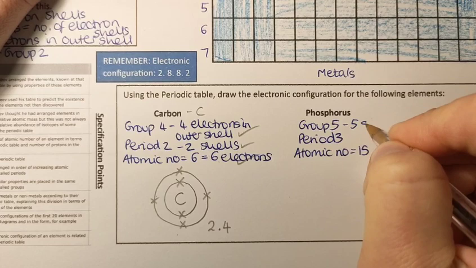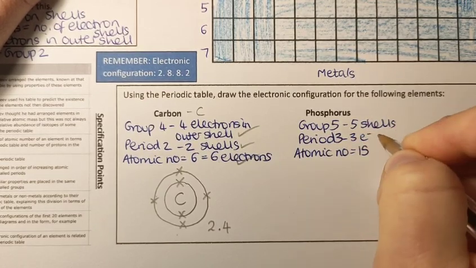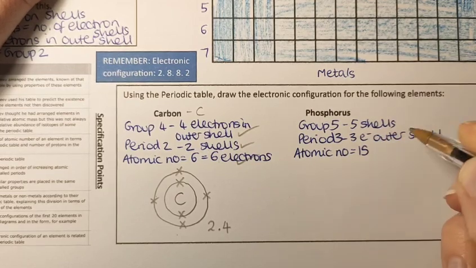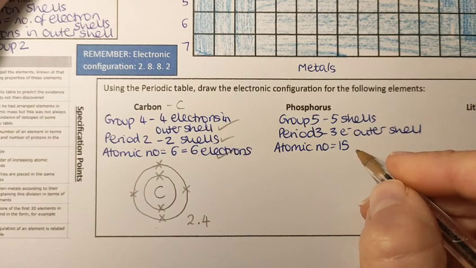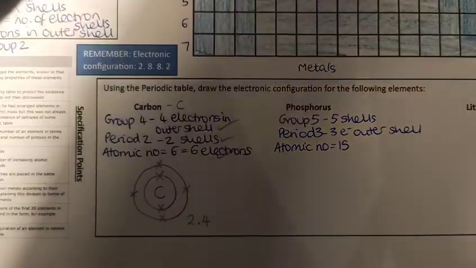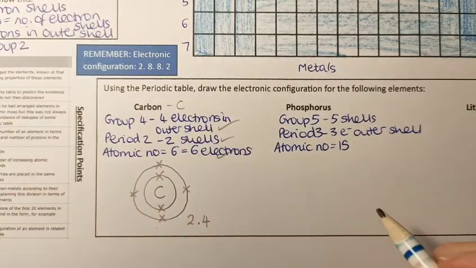So I'm just going to add my notes here. 5 shells, 3 electrons on outer shell. I'm just using e minus for electron, it's a negative charge. Atomic number 15, so 15 electrons. So let's start doing this. So phosphorus, my symbol is P.